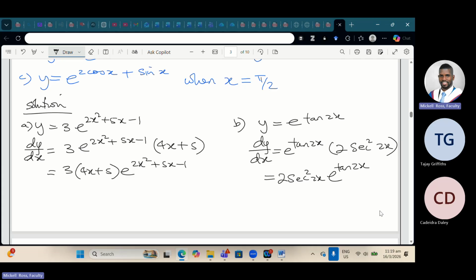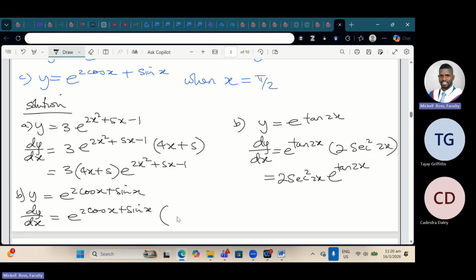Got those answers so far? Sure. B, e to the 2 cos x plus sin x. So to differentiate as is, we're going to get back the same thing, times the derivative of the power.